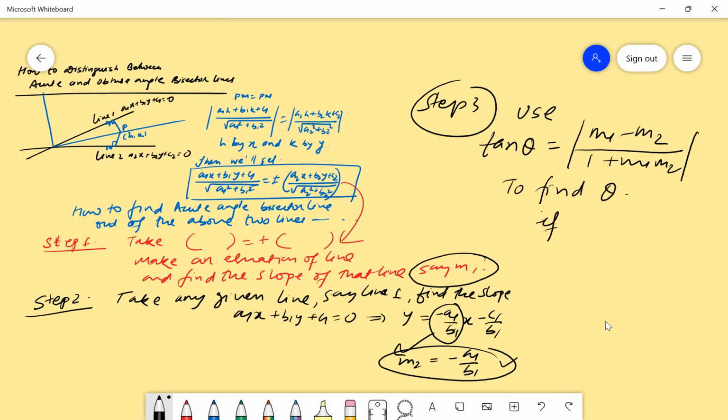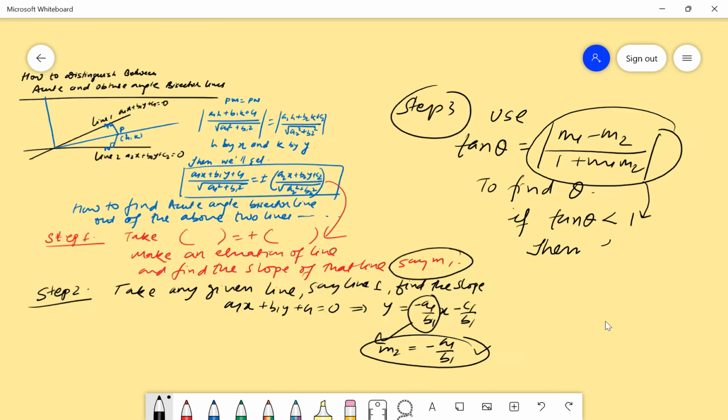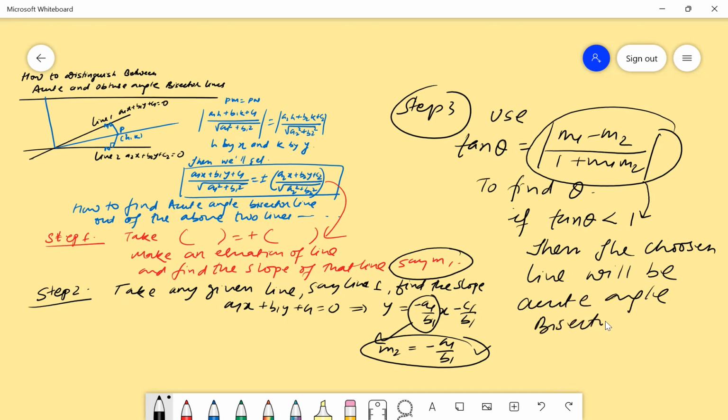If tan theta is less than 1, I mean the modulus of this value is coming less than 1, then the chosen line will be the acute angle bisector line. Why?